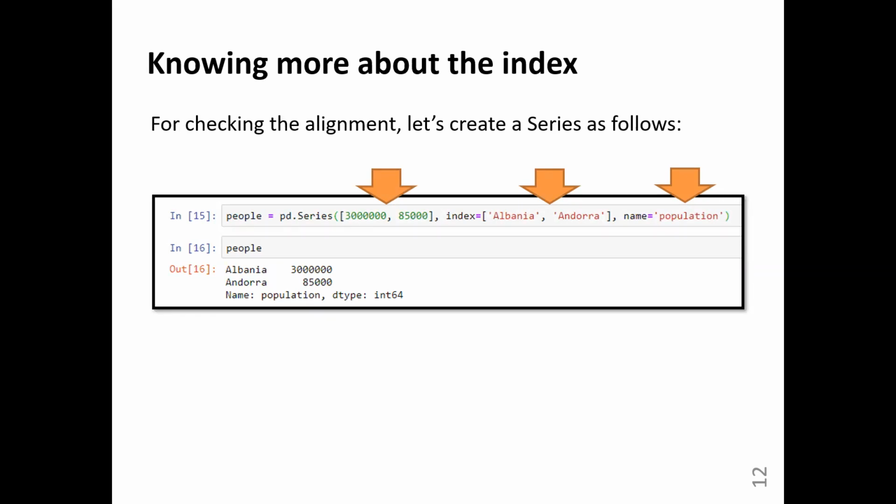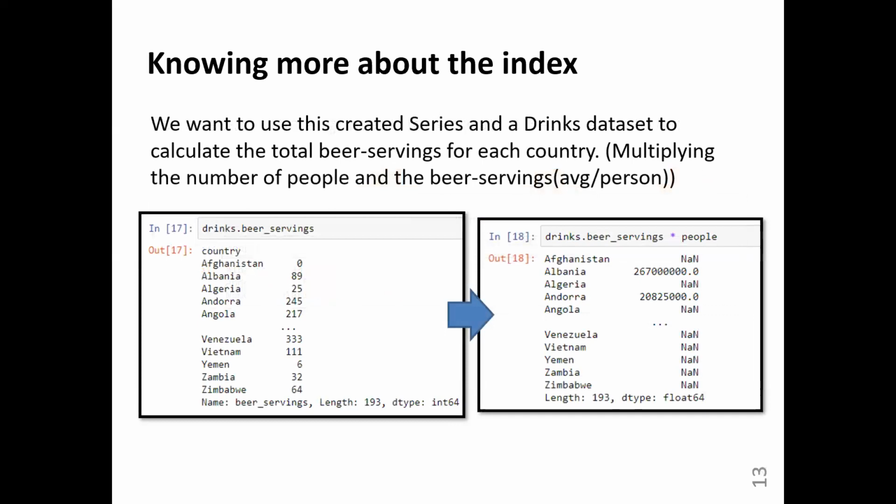Why is it important to write them correctly? Because we want to align these rows with the data set that we have already. Now, remember, in beer surveys, what are those numbers?